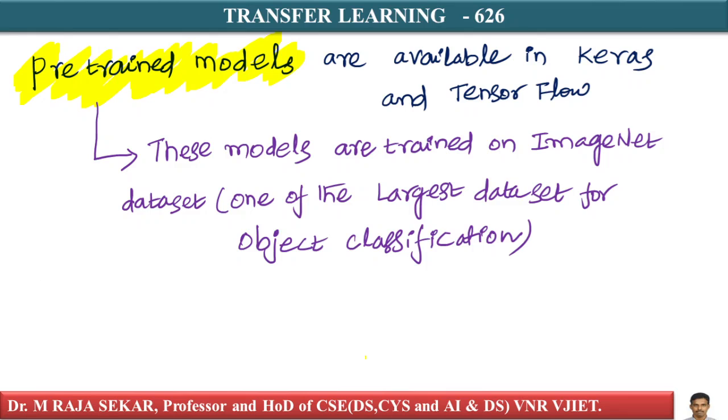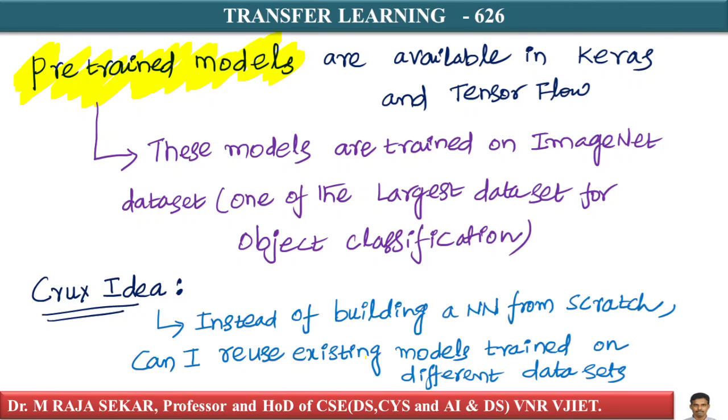So the core crux idea here is, instead of building a neural network from scratch, can I reuse existing models trained on different data sets? Can I transfer my learning? That's important.